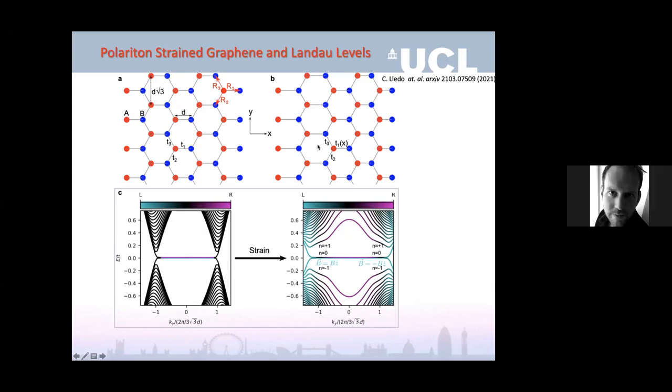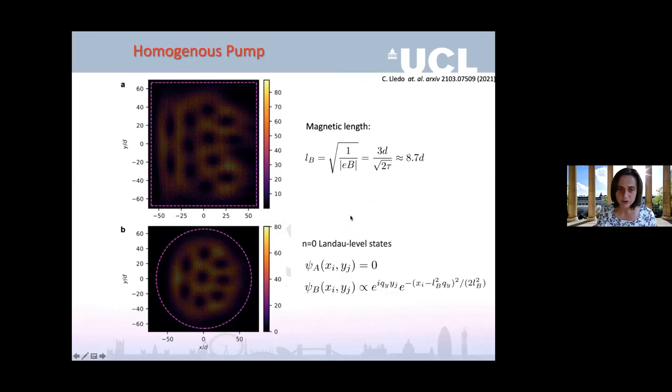This can be translated to an effective magnetic field, and this gives rise to Landau levels in the system. So we were able to simulate that system and observe that the condensation is taking place into the Landau level. We drive the system completely uniformly, but the condensation takes place in the Landau level, which has a vortex lattice, because the Landau level will have the rotation in the wave function.